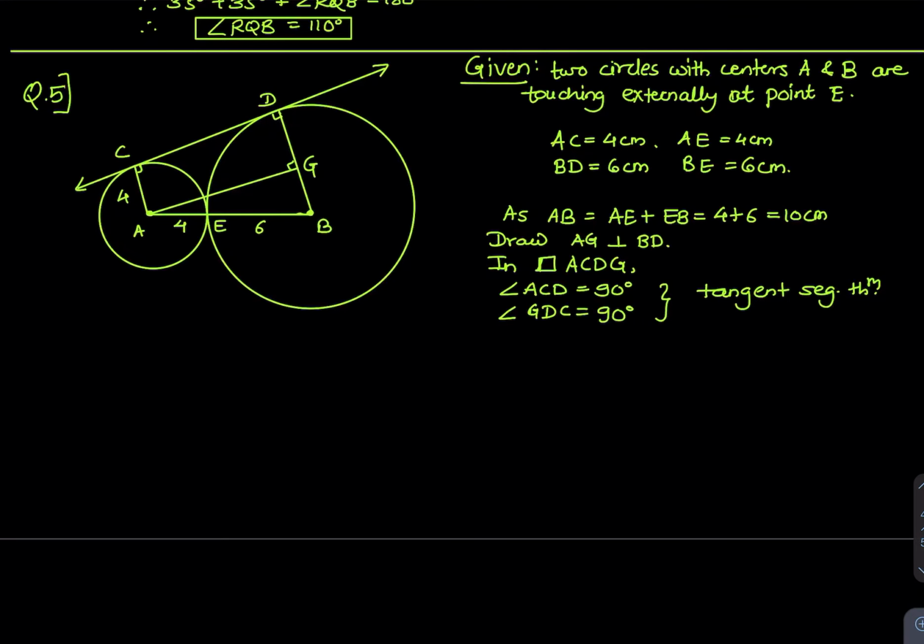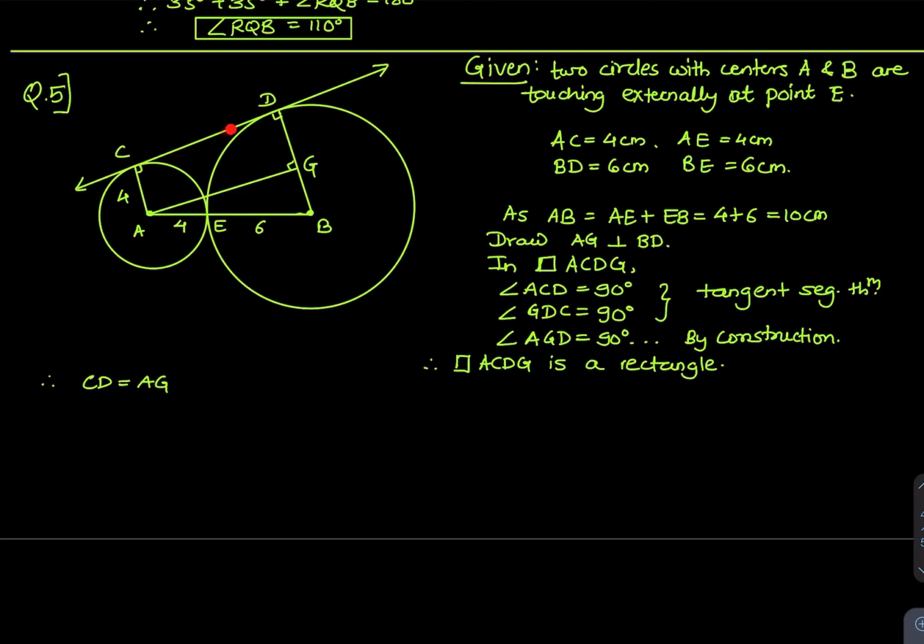So we will write that angle ACD is 90 degrees, angle GDC is 90 degrees because of the tangent theorem. Then angle AGD is also 90 degrees by construction. ACDG is a rectangle. Now as it is a rectangle, we will use the property of a rectangle that opposite sides are congruent.